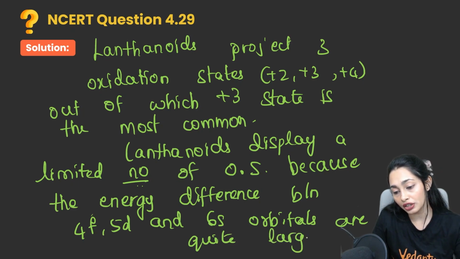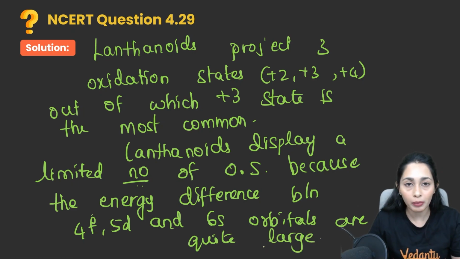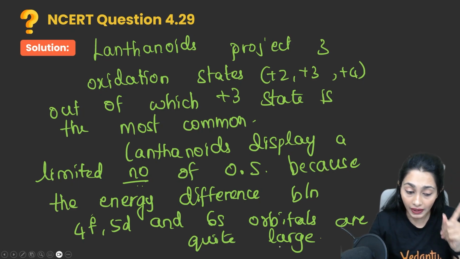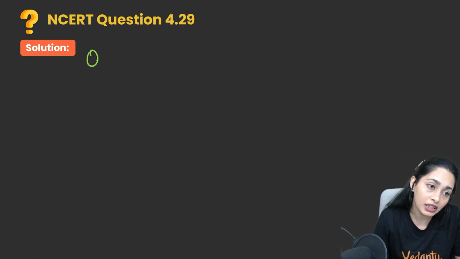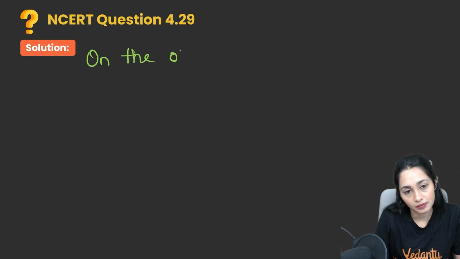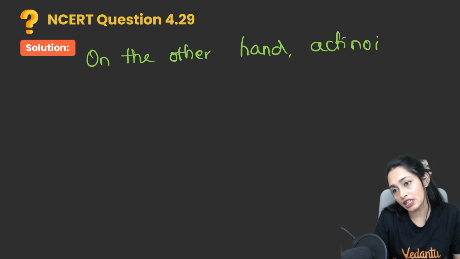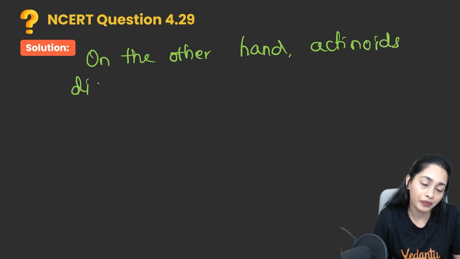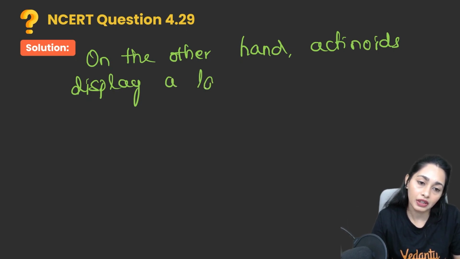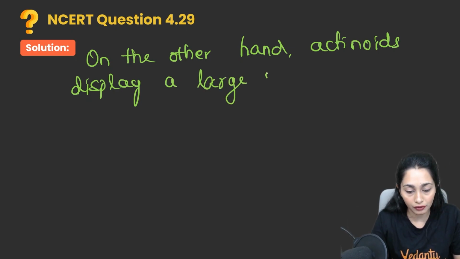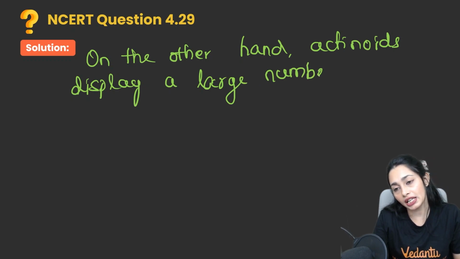So they cannot exhibit n number of oxidation states. On the other hand, actinoids display a large number of oxidation states.